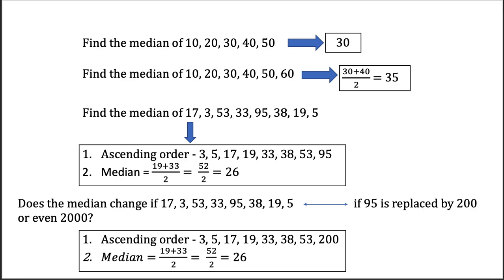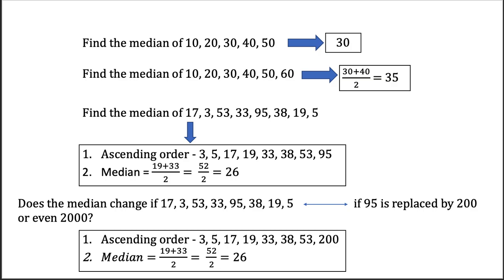Now, I get questioned often on what happens to the median if the last number is changed to a larger number. Let's say 95 is changed, since 95 is the last number in that order, to 100, 200, or even 2000. Does that change the median?